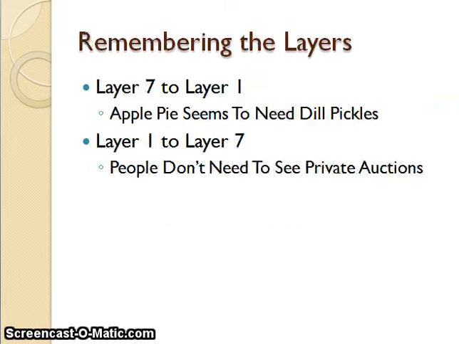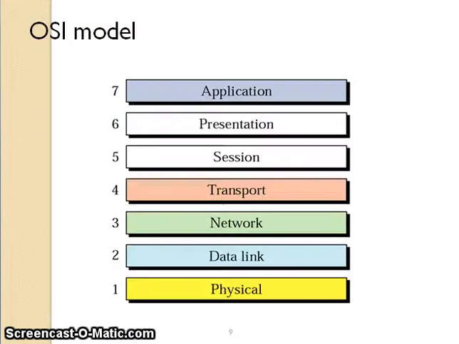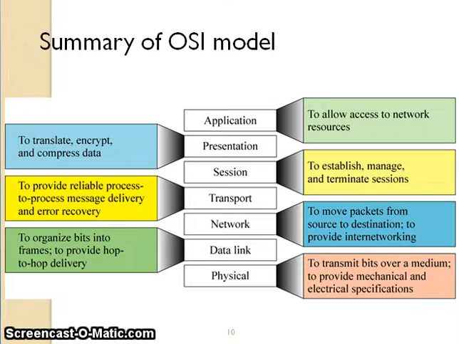Now let us discuss the summary of the OSI model. The physical layer transmits bits over a medium to provide mechanical and electrical specifications. The data link layer organizes bits into frames, and it also provides hop-to-hop delivery. The network layer moves the packets from source to destination, and it also provides the internetworking concept.